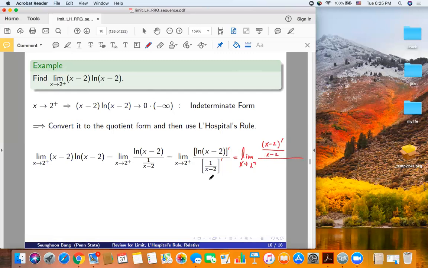What is (1 over (x minus 2))' here? You can use the quotient rule: (1' times (x minus 2) minus 1 times (x minus 2)') over (x minus 2) squared.